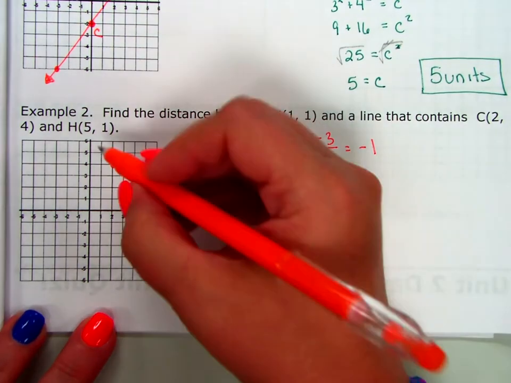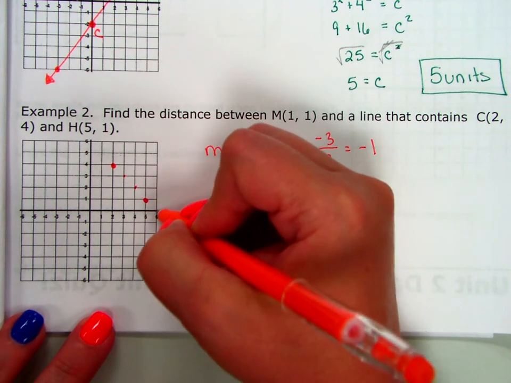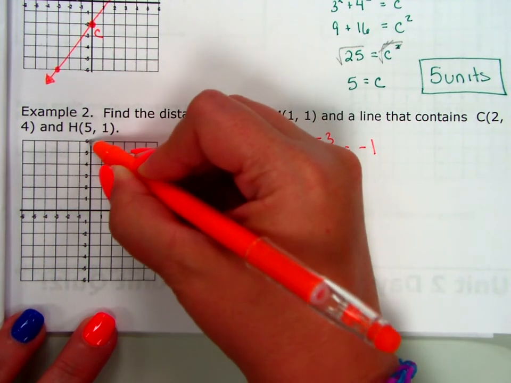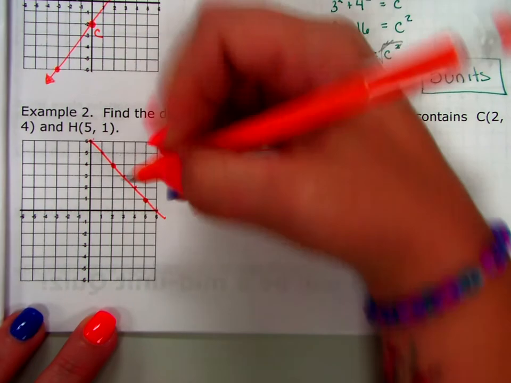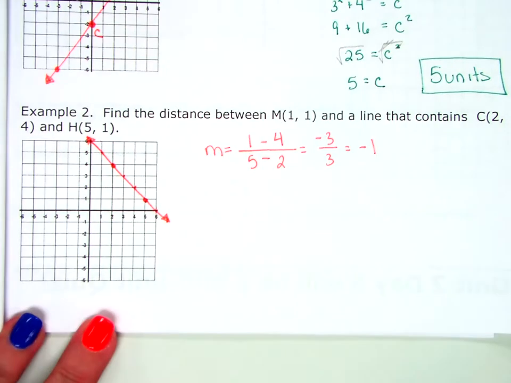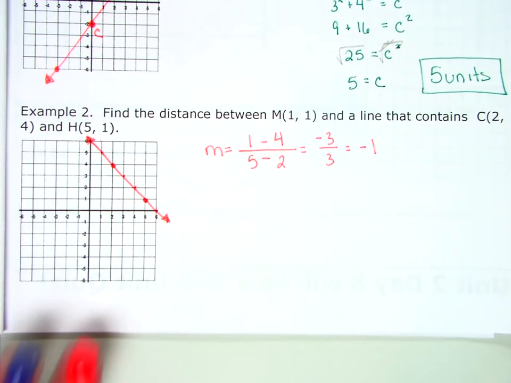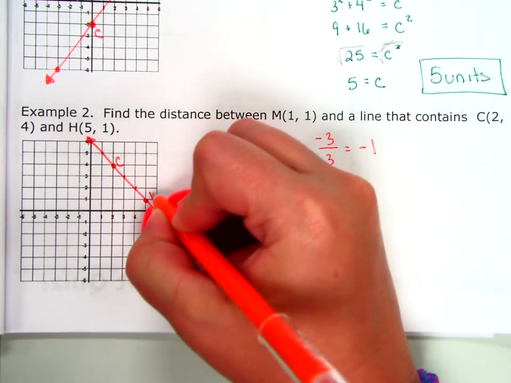And so we can see I can go down 1, over 1, down 1, over 1, or up 1, back 1. There's my line, line CH. Okay? I didn't label C and H. I probably should have. C and H.